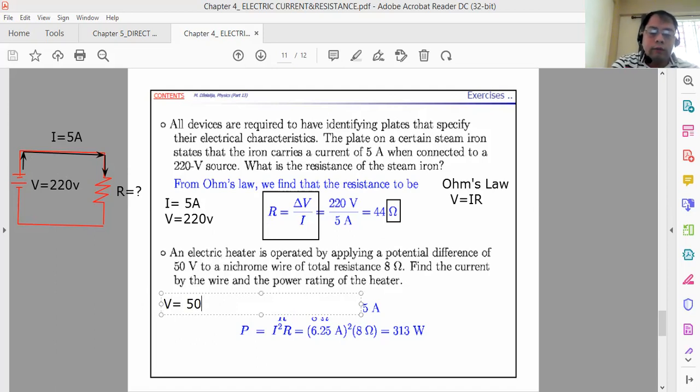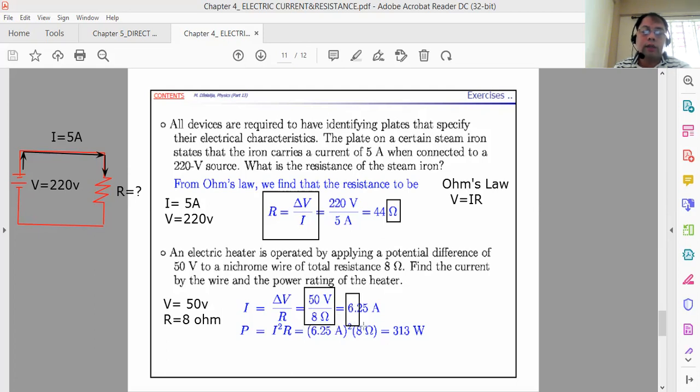We have a 50 volt source, and it is connected to an 8 ohm resistance. If we calculate I, we divide V over R. V over R, still Ohm's law, gives you 50 volts over 8 ohms, and you'll end up with a current of 6.25 amperes.